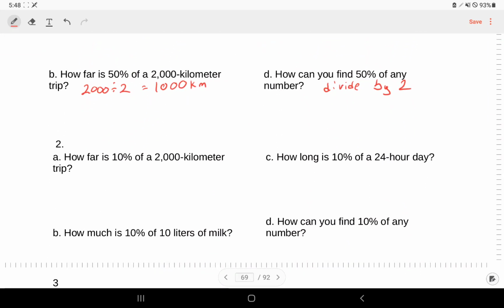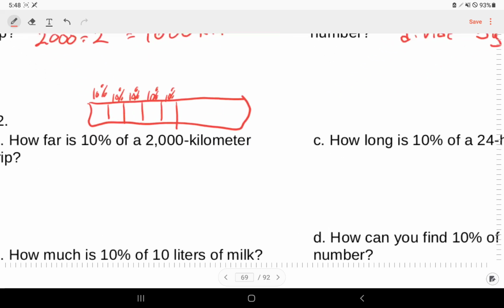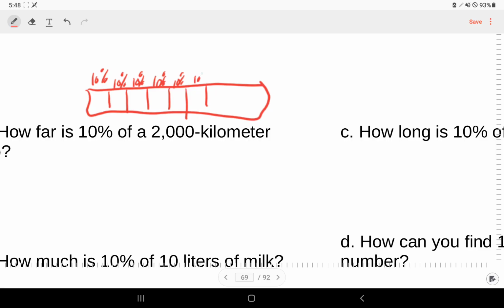So how far is 10% of 2,000 kilometers? Well, if we do the same idea of a tape diagram, in order to get 100%, well, we need 10%, 10%, another 10, so that now we're at 30, 40, 50, 60, 70, 80, 90, and 100.